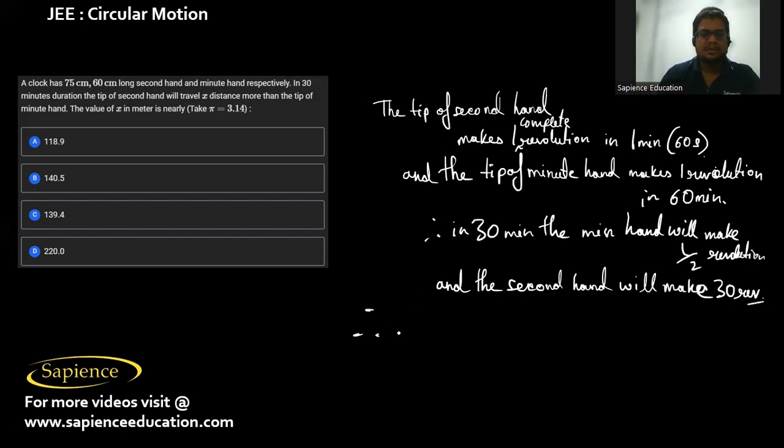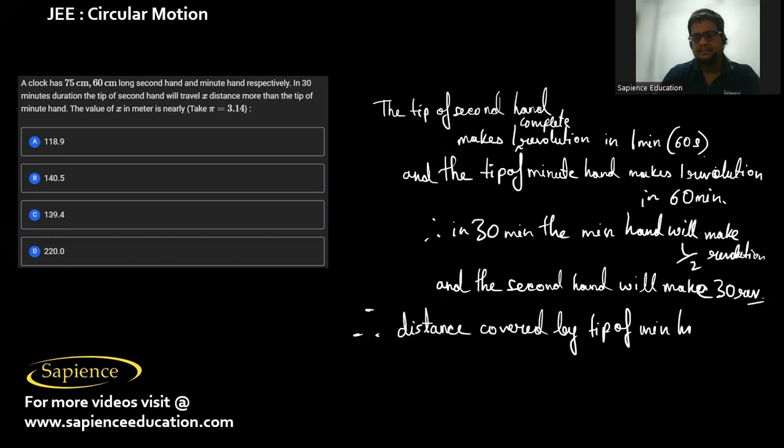Therefore, the distance covered by the tip of the second hand will be equal to 2 pi r into 30. It is told to take pi as 3.14. r is 75 centimeters, since 75 centimeter is the length of the second hand, into 30.